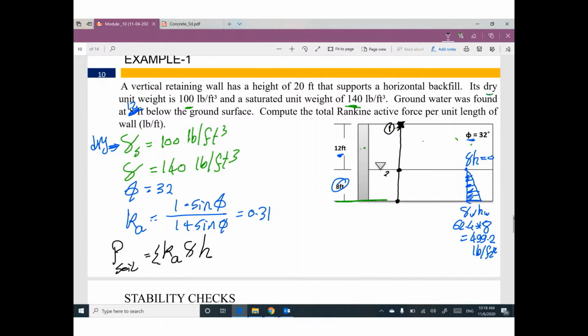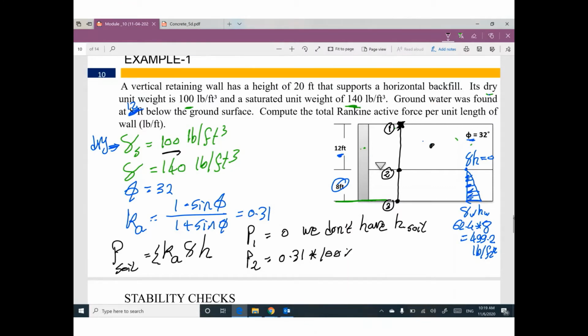So P1 equals 0. We don't have H soil above this point. Pressure at point 2 equals K active 0.31, gamma of soil, which is gamma dry, because you are here, gamma dry 100, H of soil above this point 12. Your value will be 372 pounds per square feet.